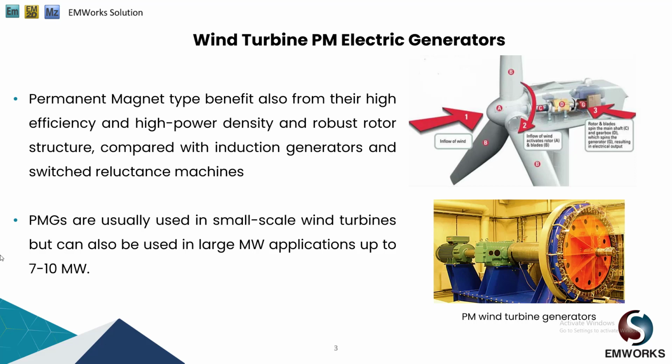In fixed speed wind turbines, induction generators are used but they have the limitation of low efficiency and poor power quality. In variable speed wind turbines, permanent magnet synchronous generators are used, and these machines are energy efficient, with high power density and robust rotor structure.